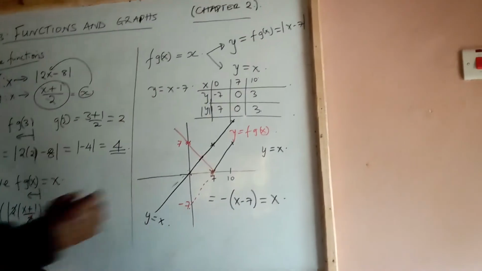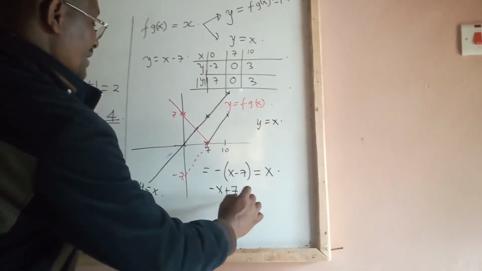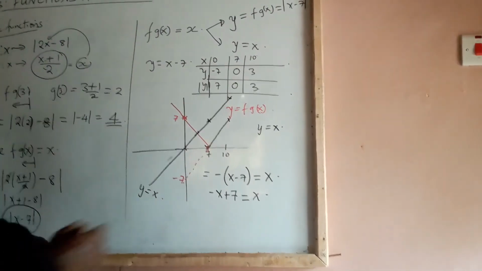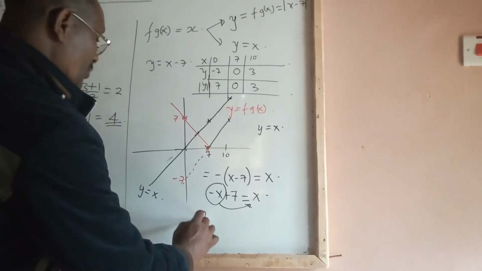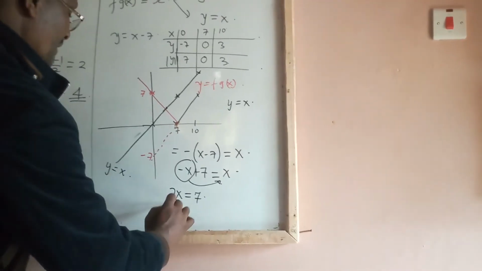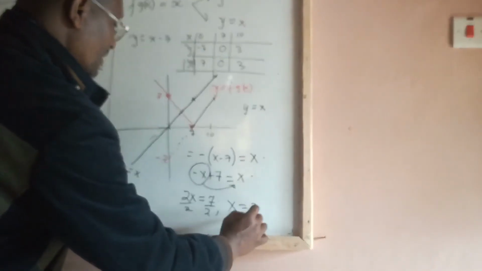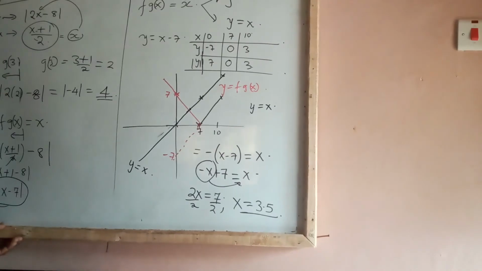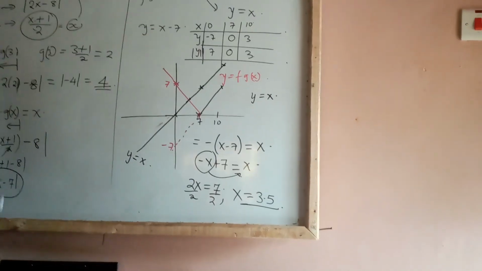When you open this, we have minus x plus 7 equals x. If you cross over negative x, we find 2x equals 7. Divide by 2, divide by 2, and finally x is 3.5. Quite a serious question, and I hope that we have followed.